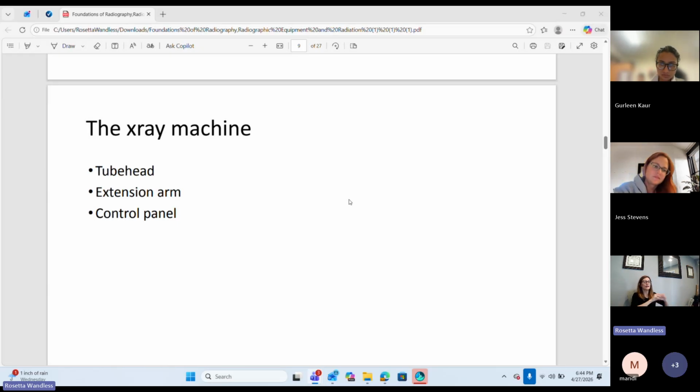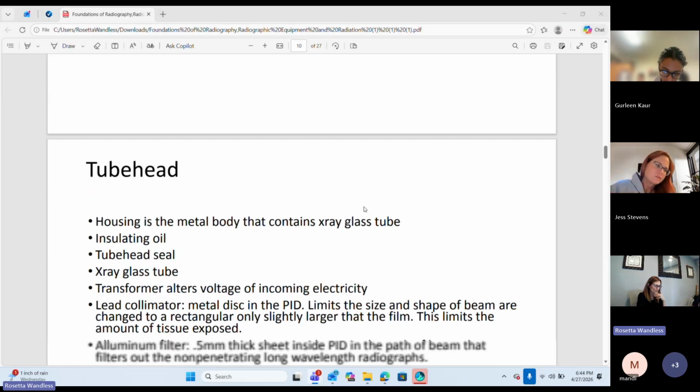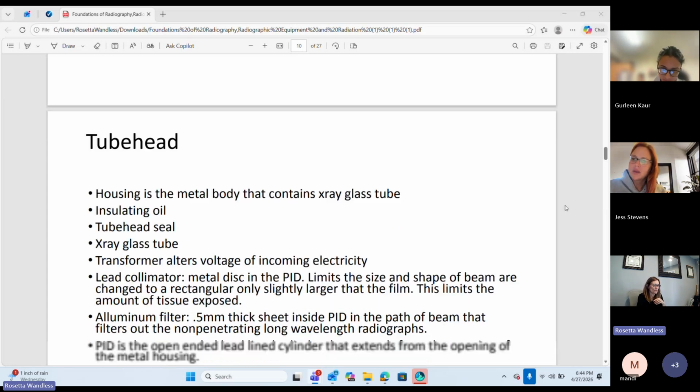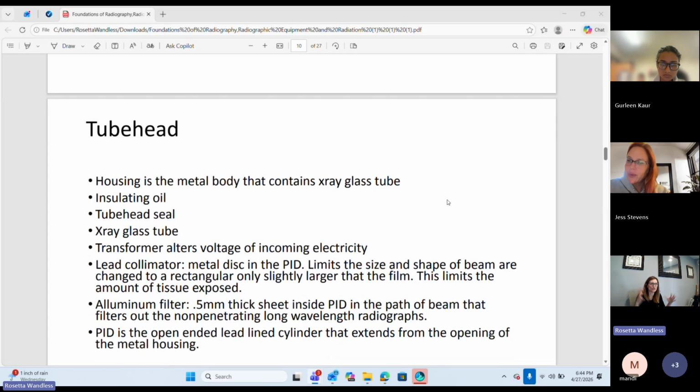So those are the 3 main parts, no matter what. Now we're going to pick each of those parts out and describe them and give information about them. We're going to start with the more complicated one, of course, the tube head. This has the most parts inside it. So we're going to start from outside in.